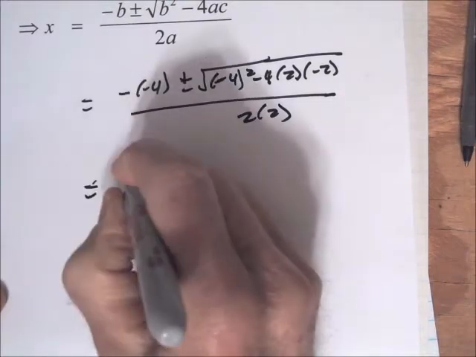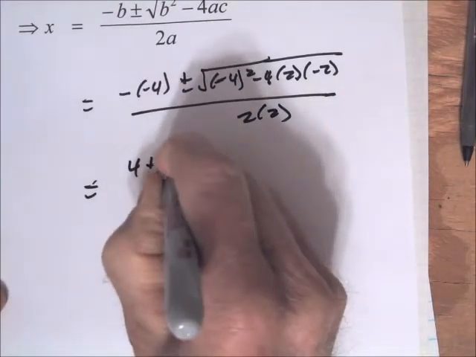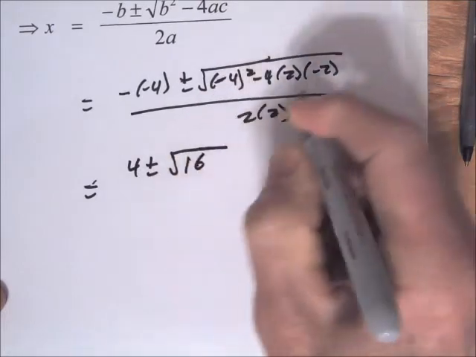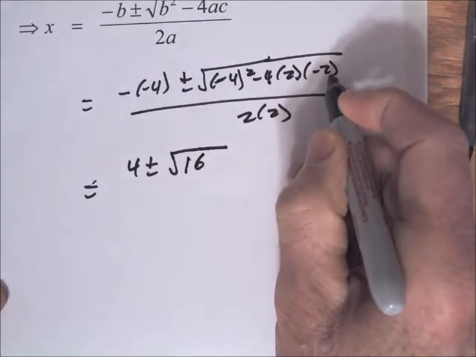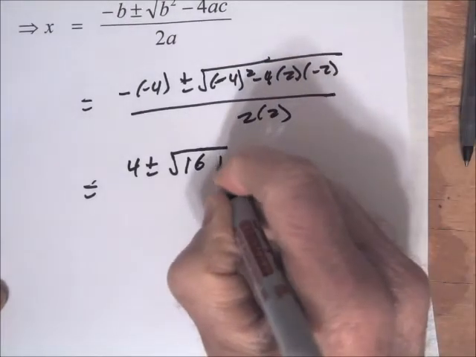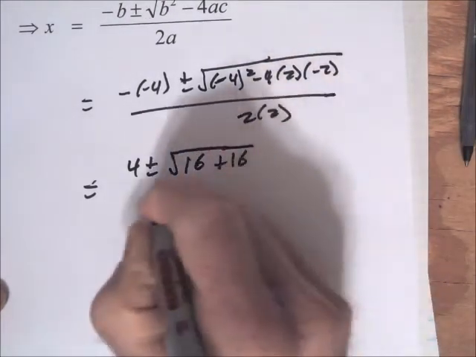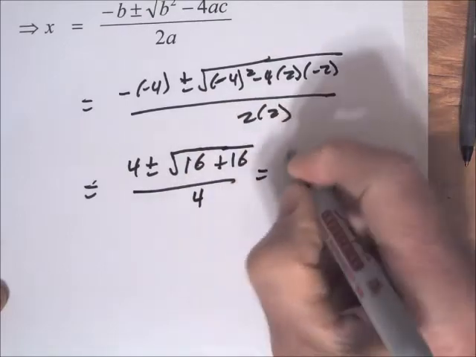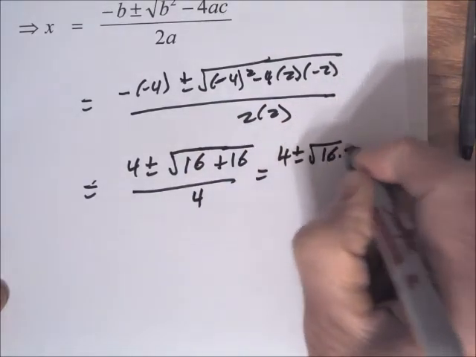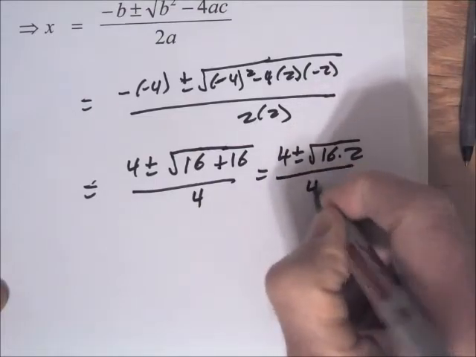Double negative is positive, so it's 4 plus or minus the square root of negative 4 squared, which is 16. 4 times 2 is 8, times 2 is 16. Negative times negative is positive. 2 times 2 is 4. We get the square root of 16 plus 16, which is 16 times 2.